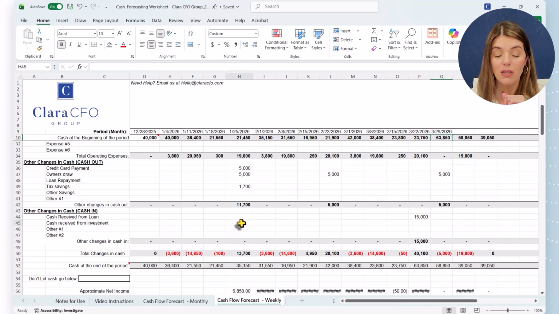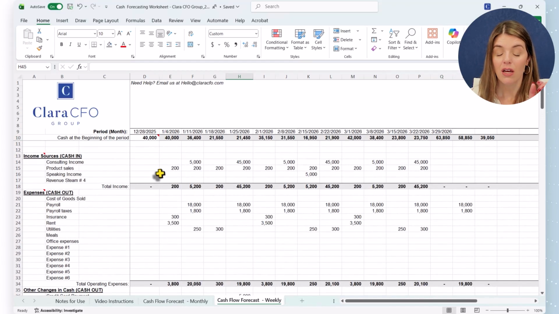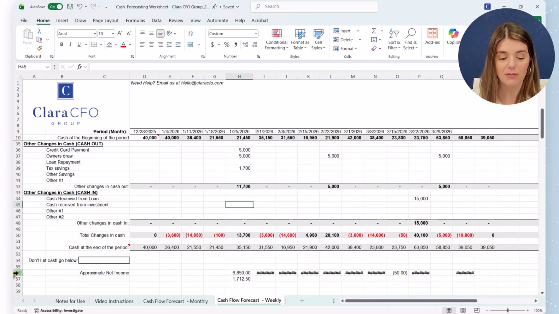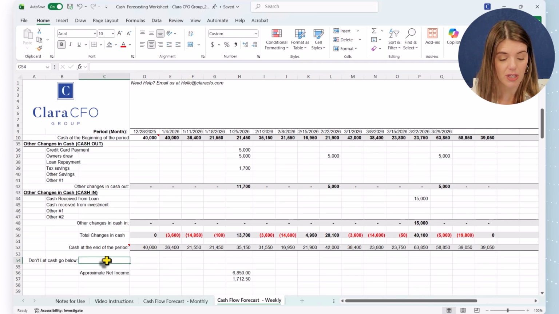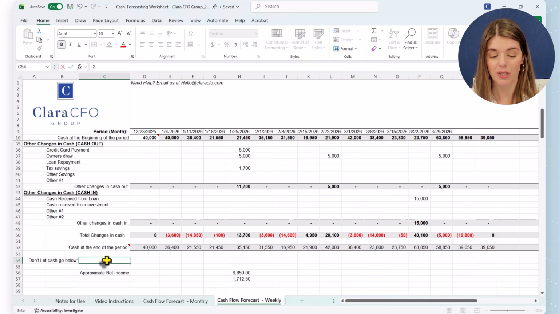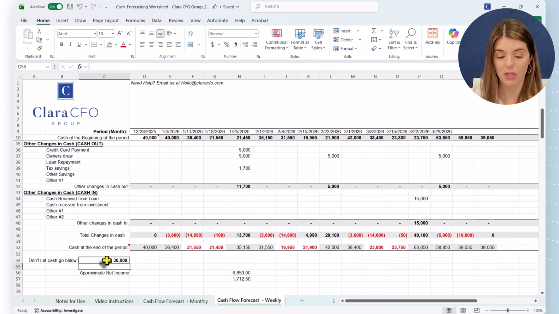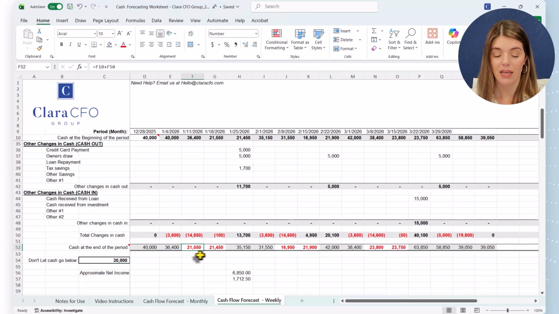Okay, so all the numbers that you plug in here should be the absolute value, so they should all be positive numbers, because the math is being done for you to either take it out or add it back in. You can also go over here and type in a number. If you don't want your cash to go below a certain amount, the spreadsheet will highlight in red font anything that goes below whatever threshold you set.